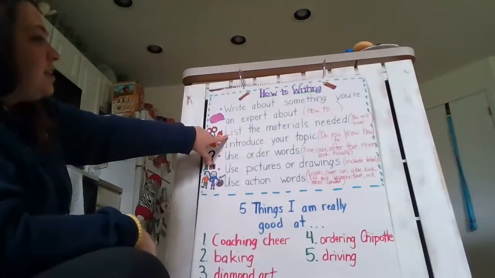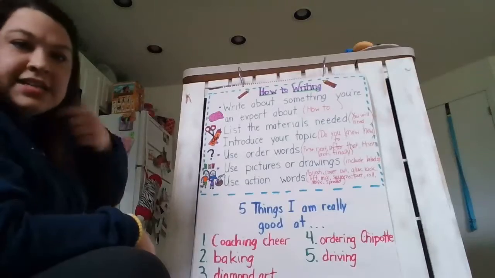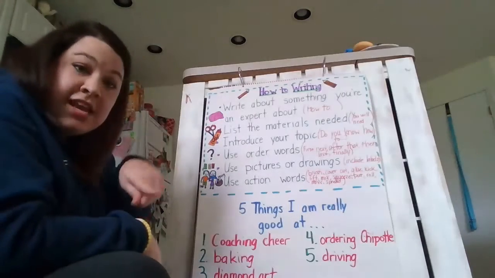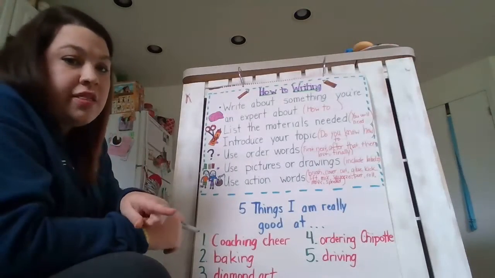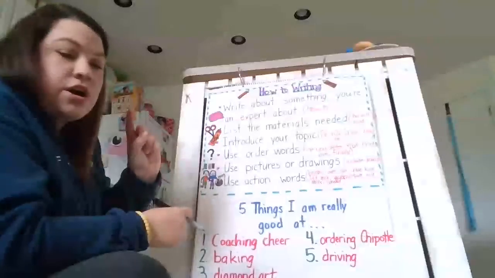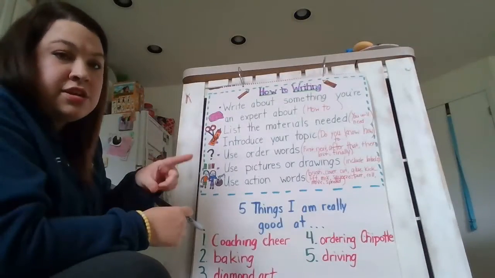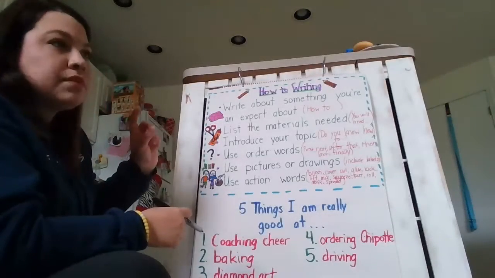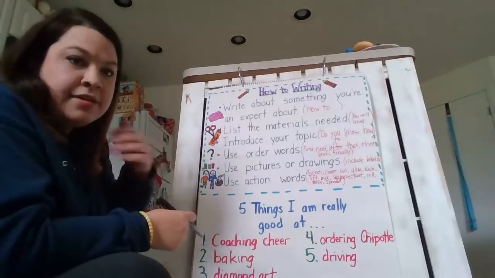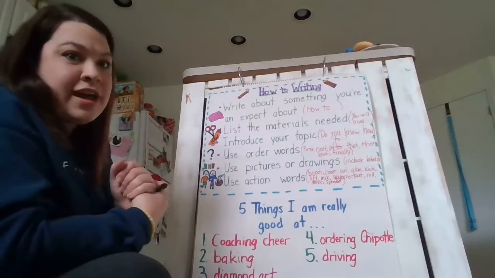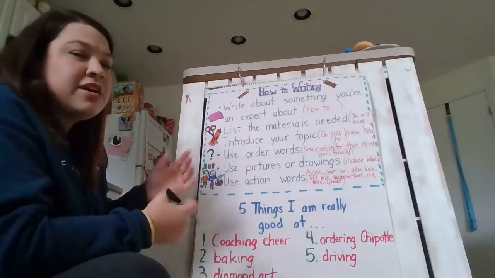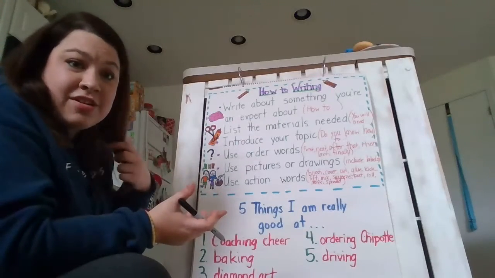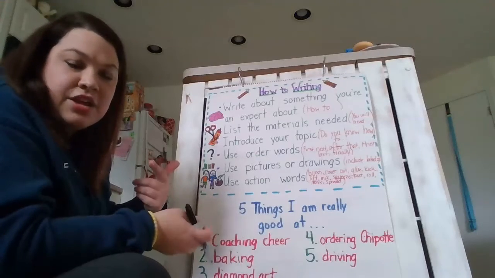So it says that we need to list all of the materials that we'll need. So in the video you watched yesterday, you saw Carly and I make brownies. And so the materials that we needed were on the back of the box. So we knew what we needed. Now, you may not have that. If you're doing how to make a peanut butter and jelly sandwich, there's no materials on the back of the bread to tell you what you need, right?